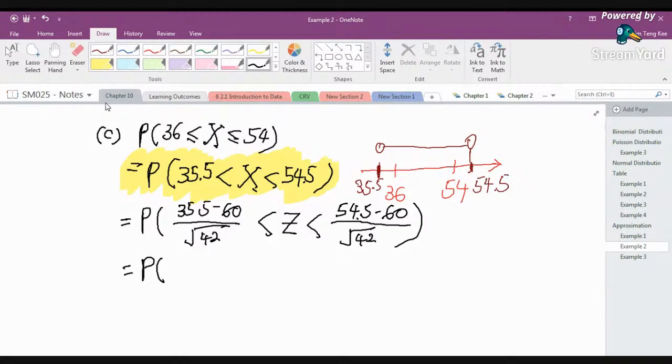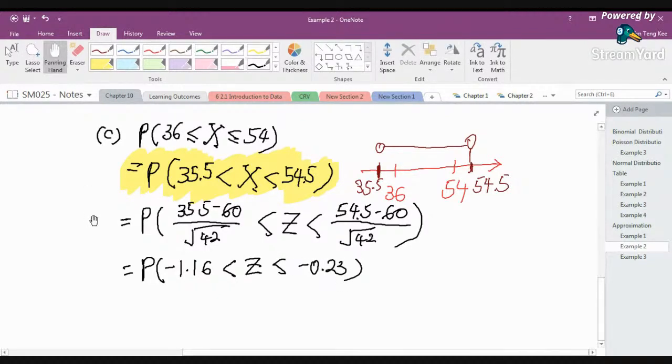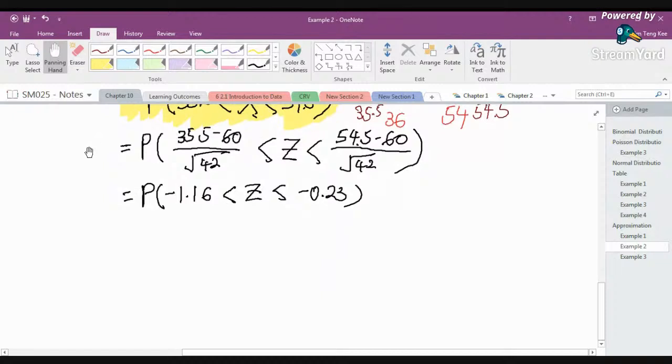Then we press the calculator and convert into 2 decimal places. We have the answer as negative 1.16 less than Z less than negative 0.23. How do we get the answer for this interval for Z?